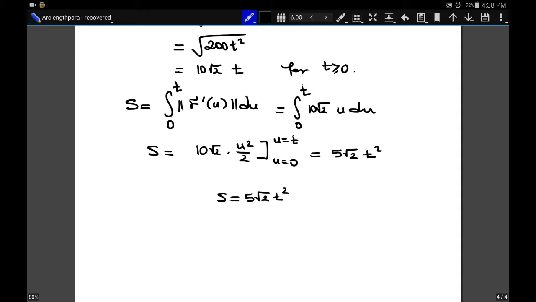And then t is positive. If I solve for t, t becomes the square root of s over 5 square root 2, plus or minus. I will take the plus sign because t is positive.